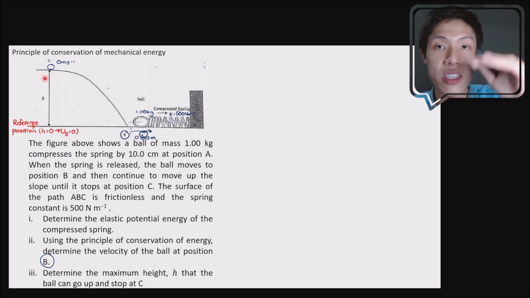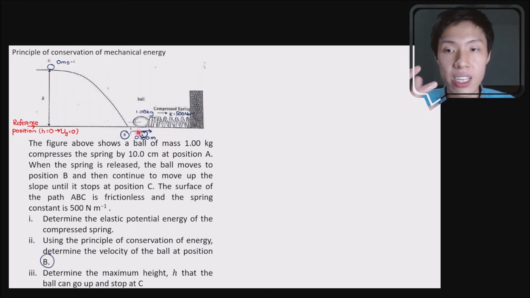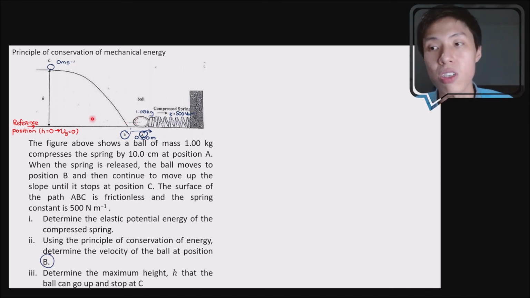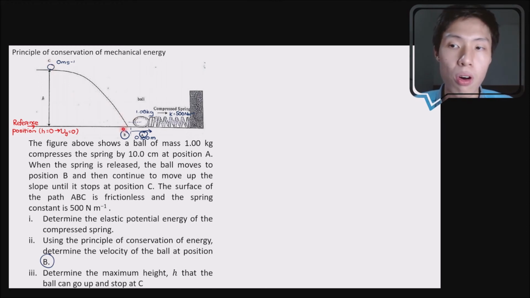Once you reach a certain height, all of the kinetic energy at position B will be transformed into potential energy when the ball reaches the peak. With no kinetic energy left, the ball will slow down to a stop the moment it reaches the peak. That height will be the maximum height the hill can be if you want the ball to reach the peak.